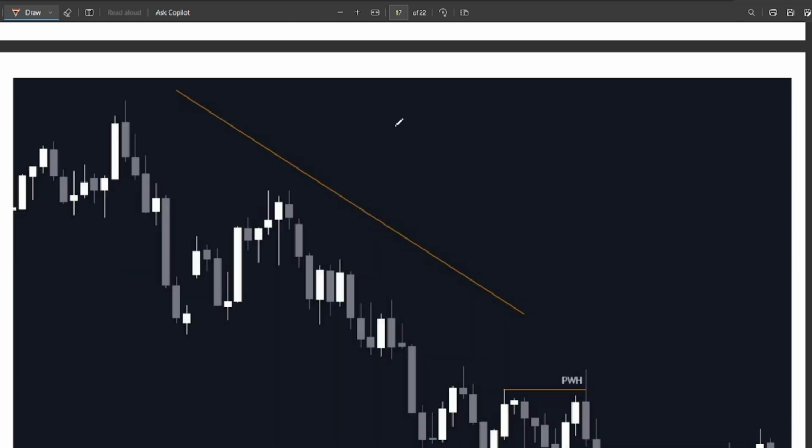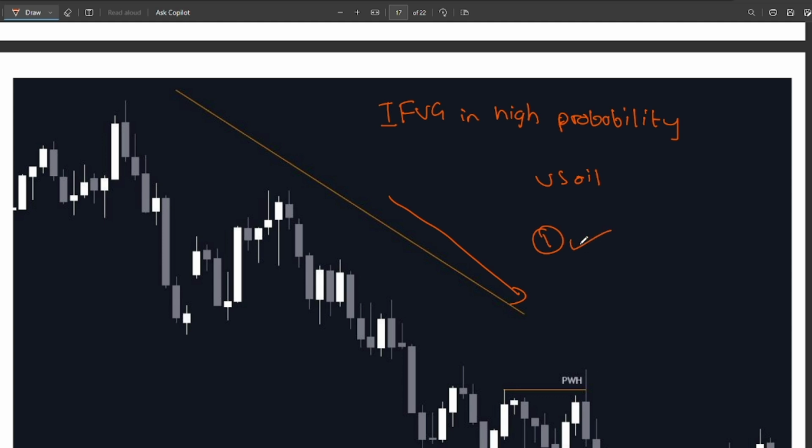Now let's look at another example in which we are using inverse fair value gaps in a high probability way. Okay, so this is a US oil chart, and as you can see, the higher time frame trend is bearish. You can see we are moving down, so it would make sense to take shorts here. So our first condition is satisfied, that is, we know the higher time frame trend.